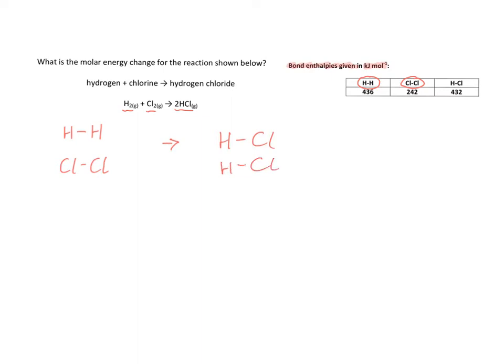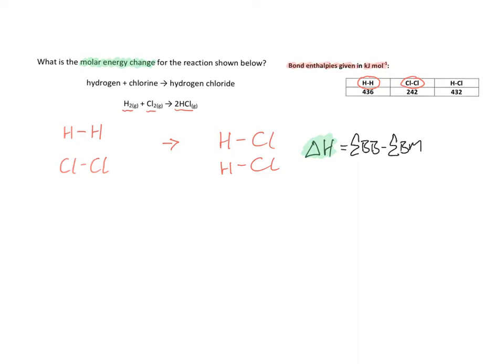Okay, so how do we actually go about doing the calculation? Well, delta H. What's delta H? Delta H is the molar energy change. As you go further through science, you'll probably end up calling it a molar enthalpy change, which is a little bit more accurate, but for now, we'll just call it energy change. Delta H equals sigma BB minus sigma BM.